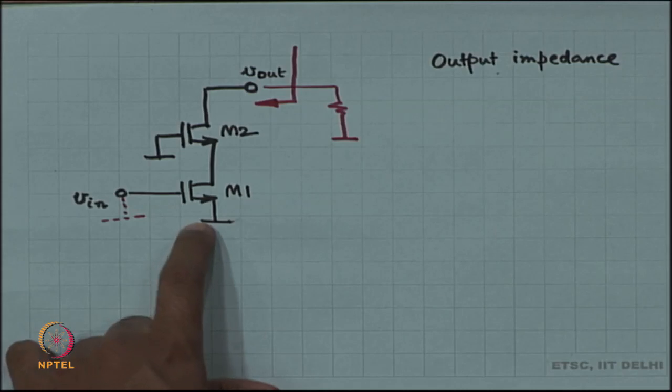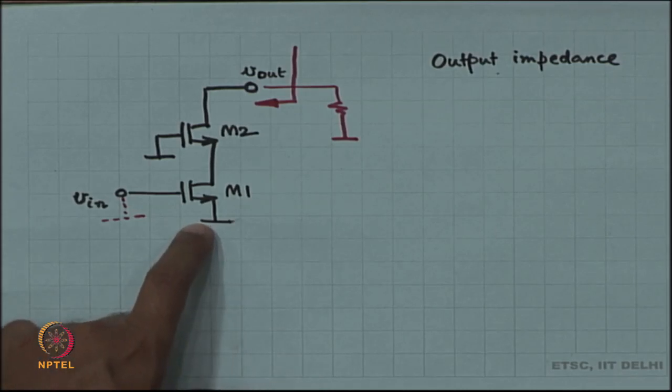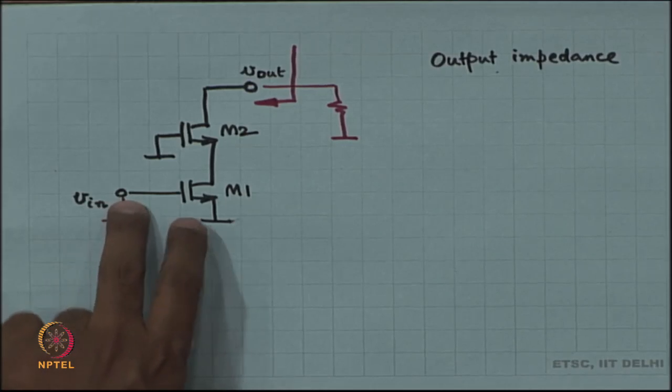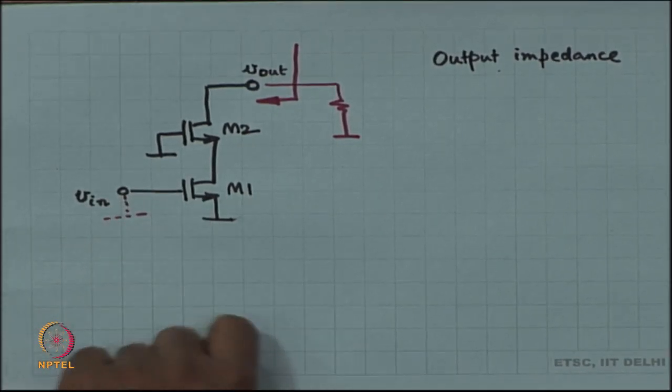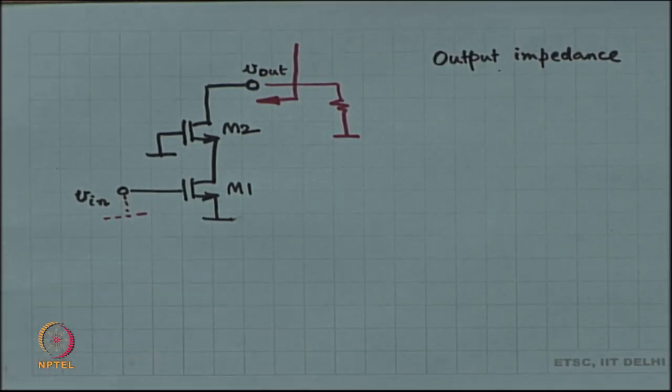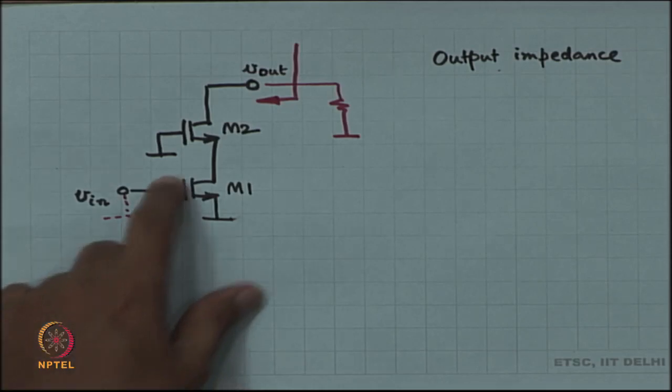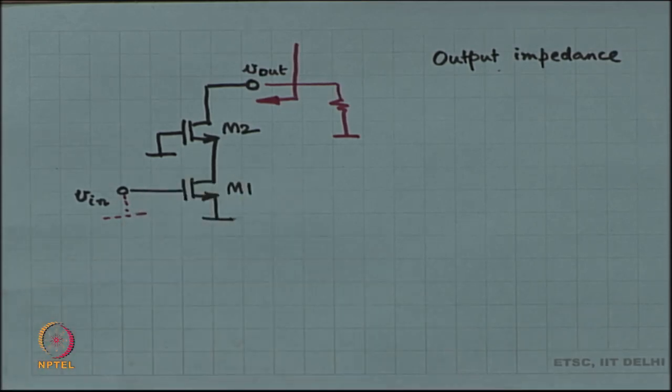So, for M1, GMB VBS, VBS is equal to 0. So, GMB does not matter. For the output impedance calculation, gate and source are both at 0. So, therefore, gate to source voltage is 0. Therefore, GM times VGS is also 0. So, it does not matter. So, all that this MOSFET has as far as output impedance is concerned is an RDS.